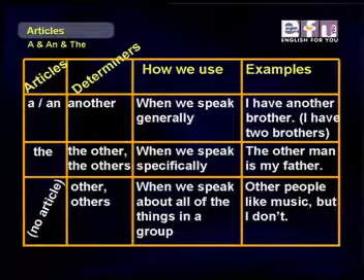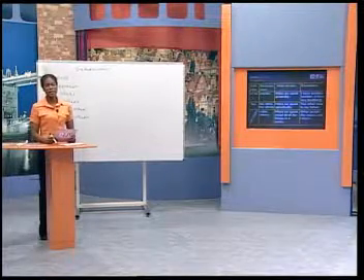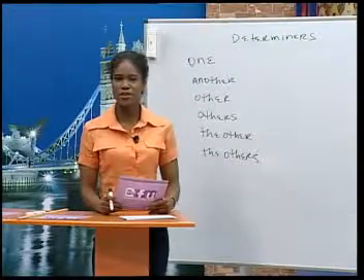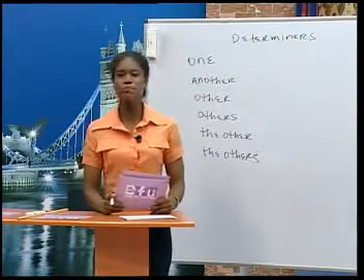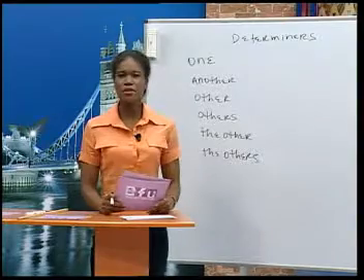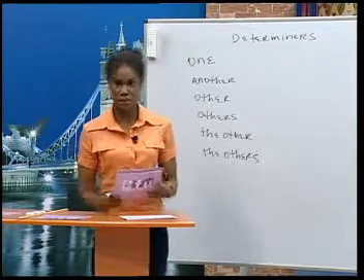Or we have no article, so the determiner would be other or others when we speak about all of the things in a group. Other people like music, but I don't. Now let's look more carefully at how we use these determiners to talk about groups and parts of a group. Take a look at your chart for some explanations.